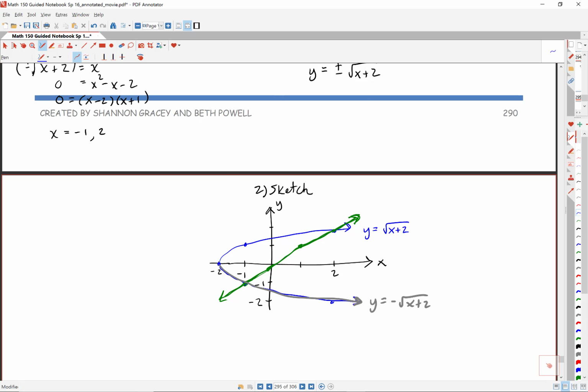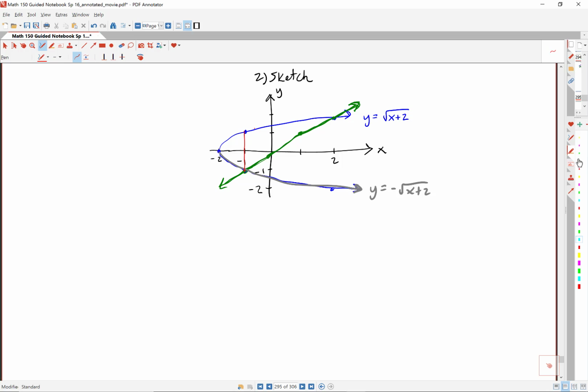So this is what will happen, which, as you can see, is not going to be the whole region, because you're missing that other piece at the left part. So we're going to need to figure out two of them.